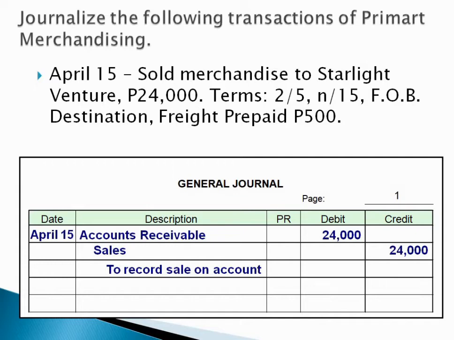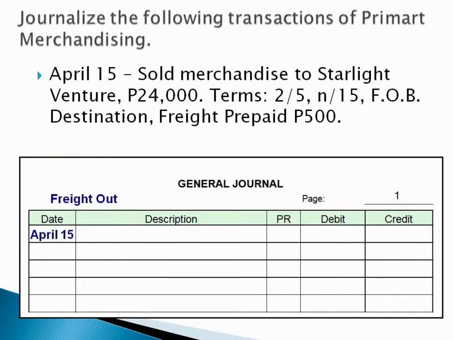And who was the seller? Primark or Starlight? Primark. And since we are on the viewpoint of Primark, who was the seller, we must debit freight out. Not freight in, but freight out. Because the merchandise goes out from the premises of the seller. For how much? 500.